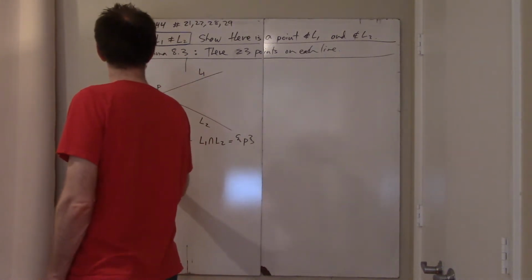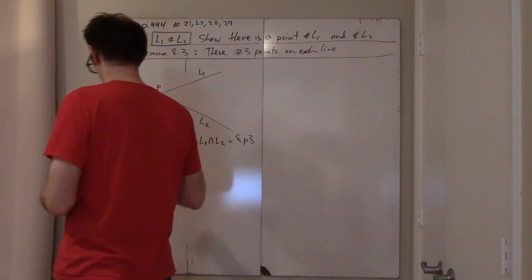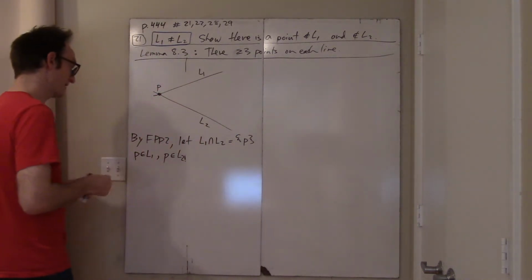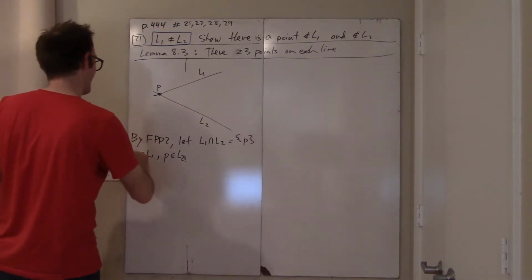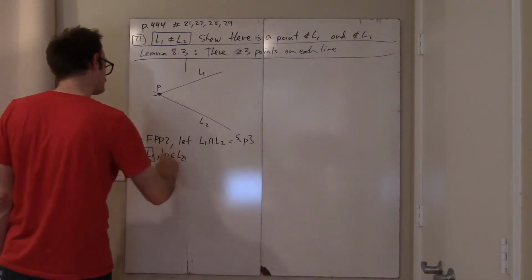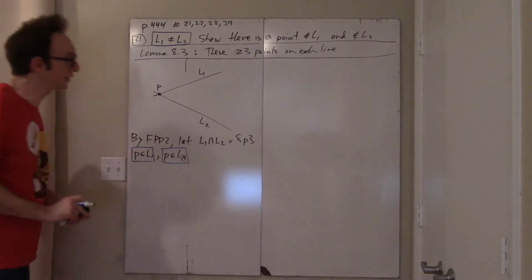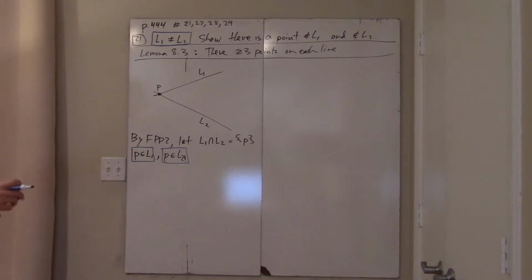I know that P is on L1, and I know that P is on L2. Okay, and I'm going to put a kind of box around every important fact as I establish it. Okay, great. What now?